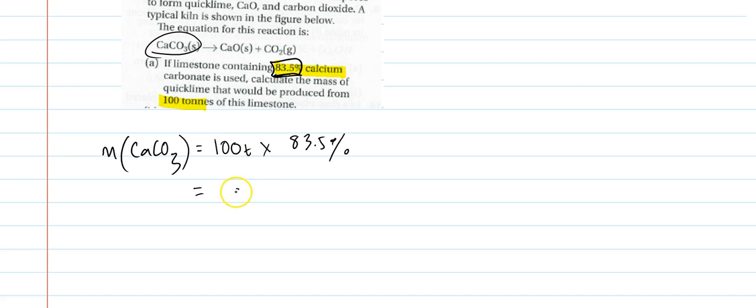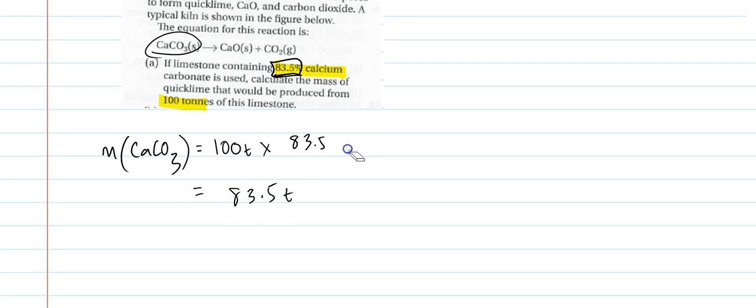If we know that 83.5% of the limestone is calcium carbonate, then in 100 tons, the mass of calcium carbonate is 83.5% times 100 ton, okay? So that would be 83.5 ton.